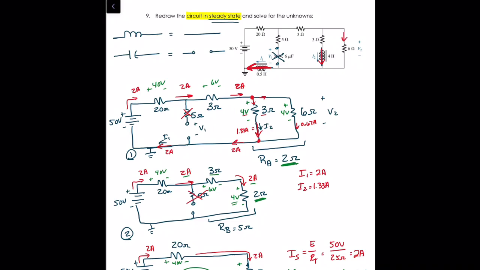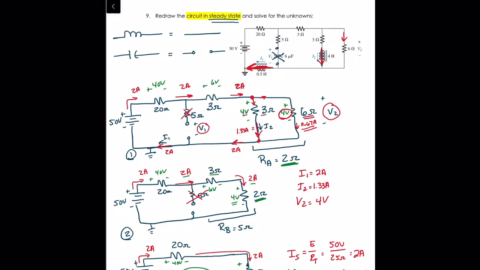And then we're looking for V2. Now V2 is going to be this voltage right here, so it's going to be the 0.67 amps times the 6 ohm resistor. Well, remember, that was just 4 volts, so that's just going to be 4 volts there.